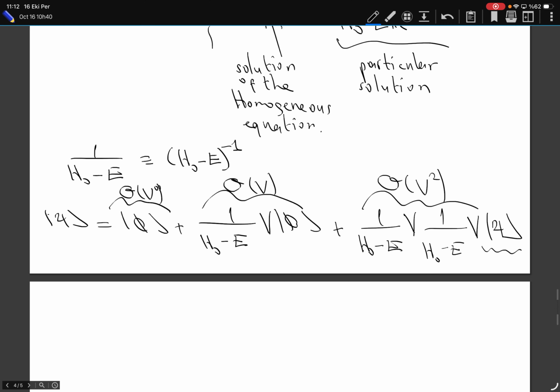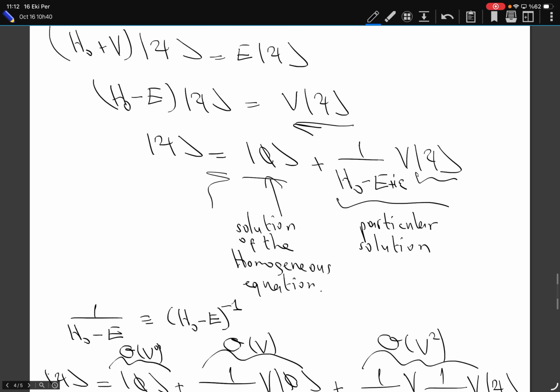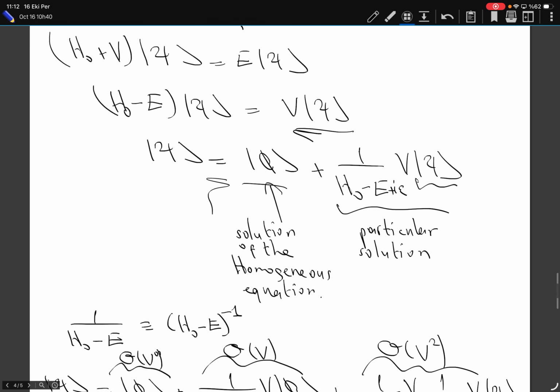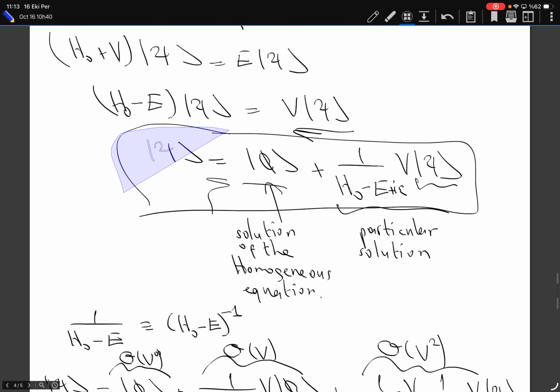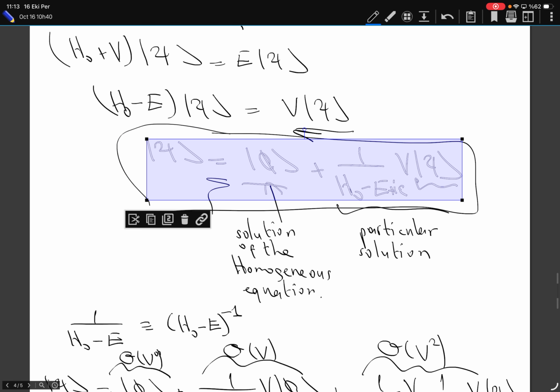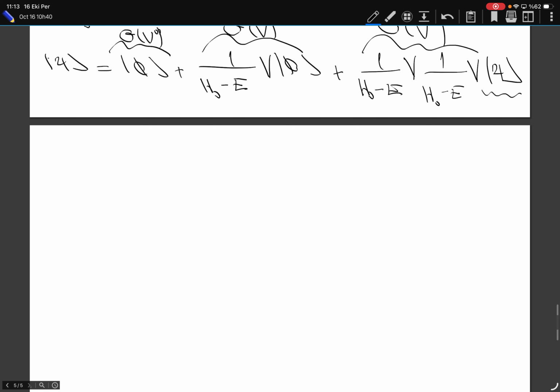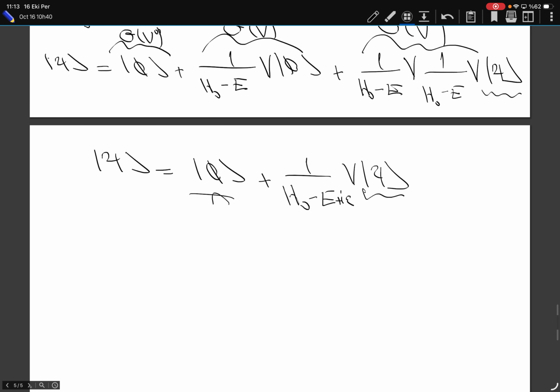Well, usually what is also done is, rather than working with these states, let's go back to this expression over here. Now, the problem over here was I have a solution for psi which involves psi itself.